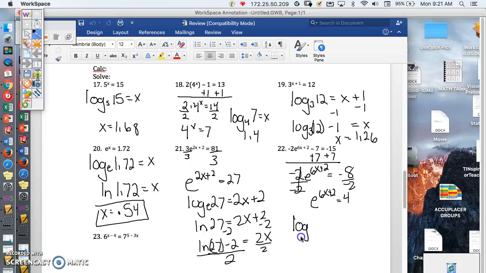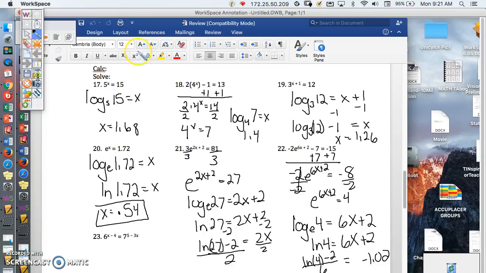So we have log base e of 4 equals 6x plus 2. Well, we know log base e is the natural log of 4. And if we solve this one, we subtract 2 and divide by 6, so we'd have the ln of 4 minus 2, and the entire thing divided by 6, and we should get negative 1.02.